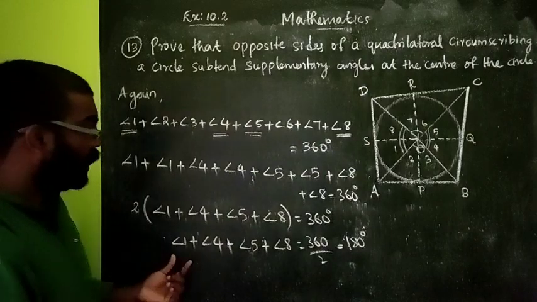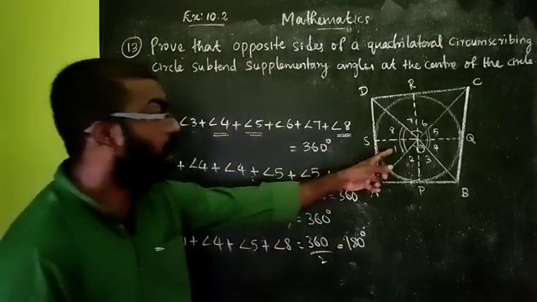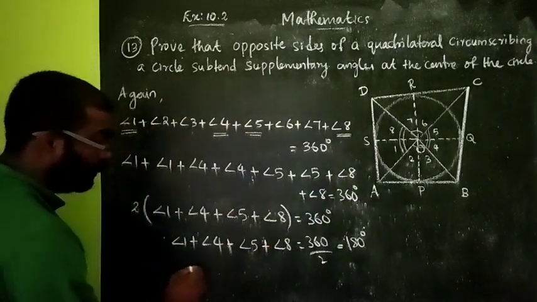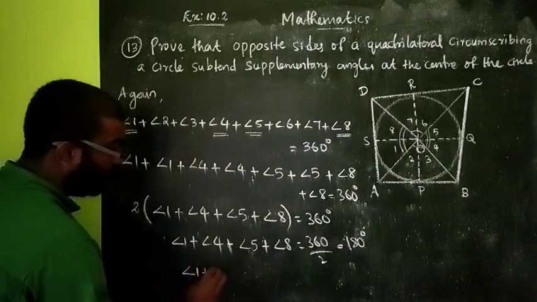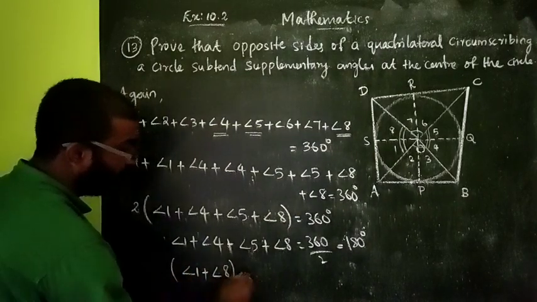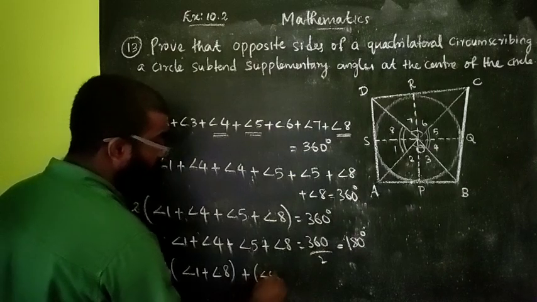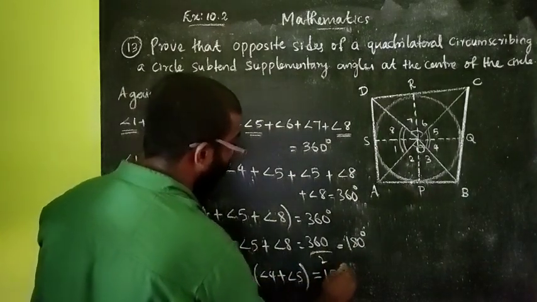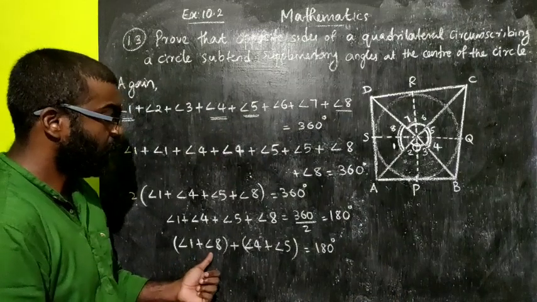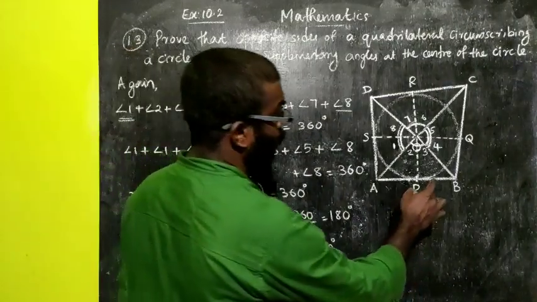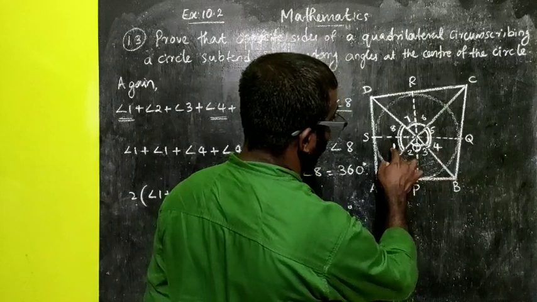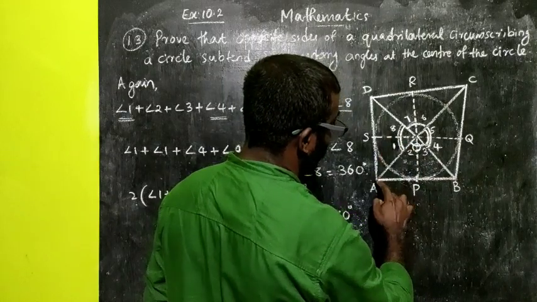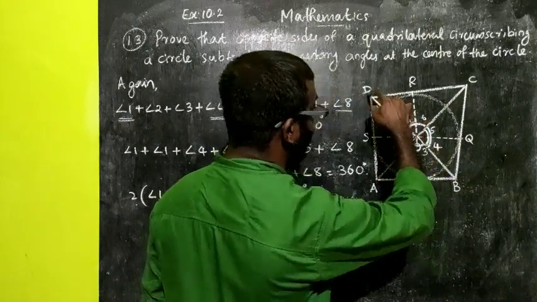Now we can arrange the angles. Here angle 1 and angle 8. So first and last. Angle 1 plus angle 8, then plus angle 4 plus angle 5, which is equal to 180 degrees. Here, what is angle 1 plus angle 8? Angle 1 plus angle 8 is AOD.